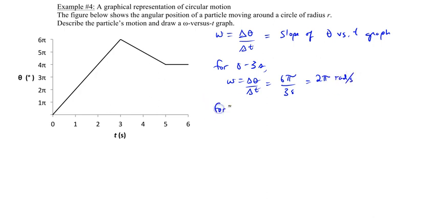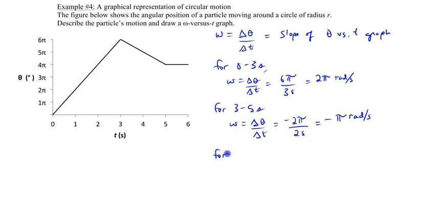If we look from 3 seconds to 5 seconds, we can find the angular velocity, except in this case, it's going to be dropping from 6 pi down to 4 pi. So that's a drop of 2 pi, all over a period of time of 5 minus 3 seconds, which is 2 seconds. So the slope in this case is pi rads per second.